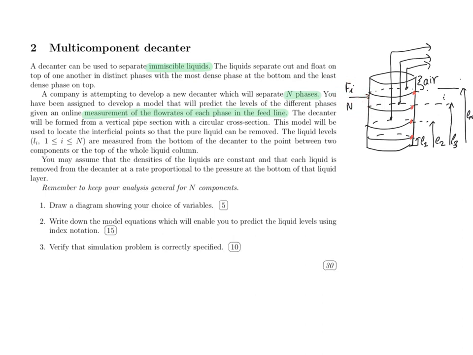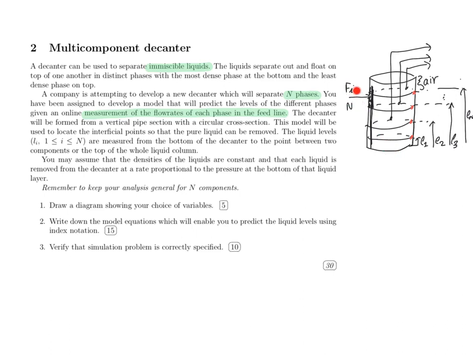Maybe there'll be some kind of a baffle over here that'll break up, and so here there'll be a little disaggregation zone, and then we'll have a nice set of perfectly separated out liquids settling out over on the right hand side. So liquid comes in here, goes, and then settles out. It's almost like salt, vinegar, and olive oil that you shake up, and you have the layers forming.